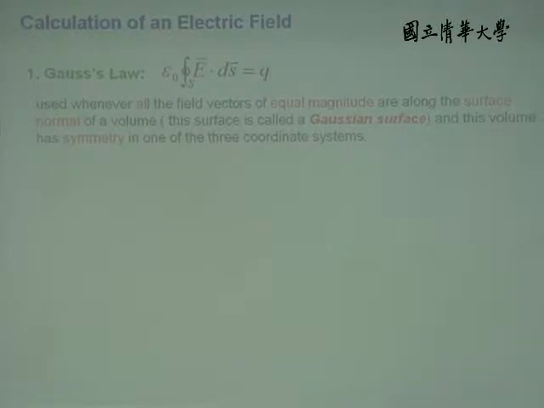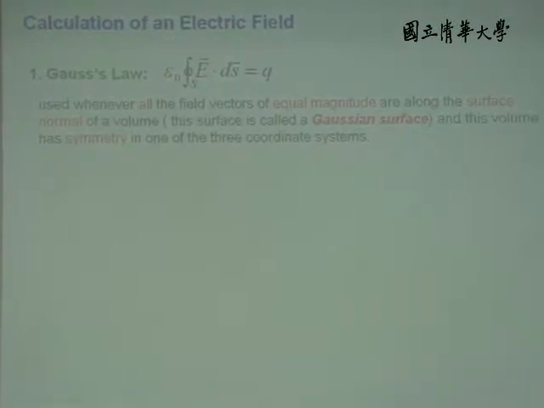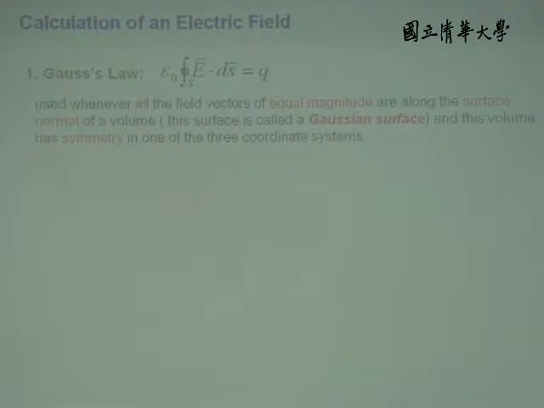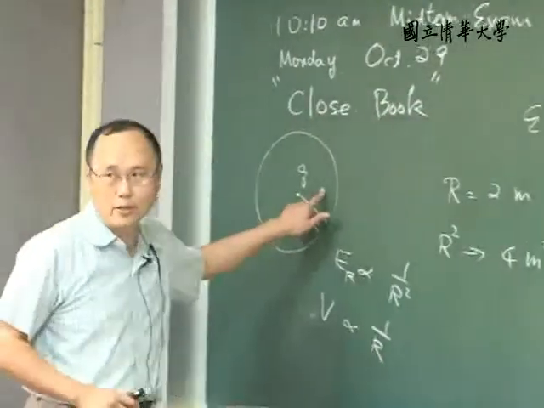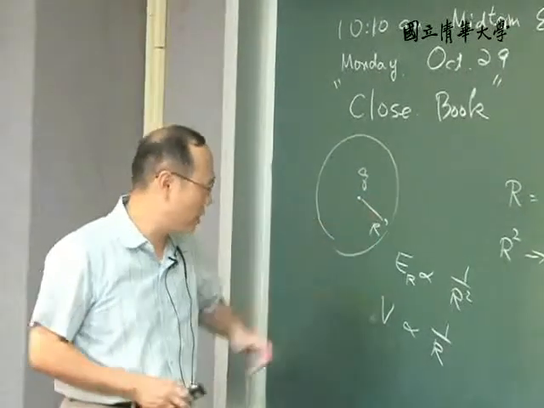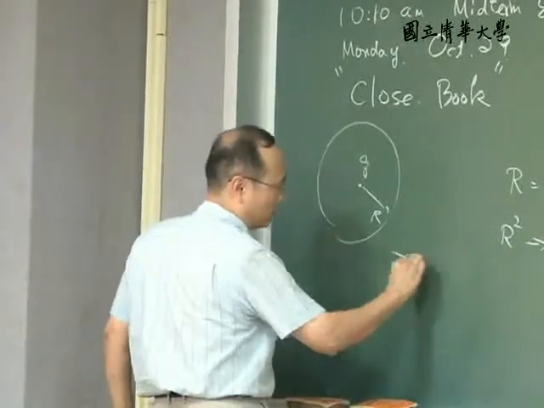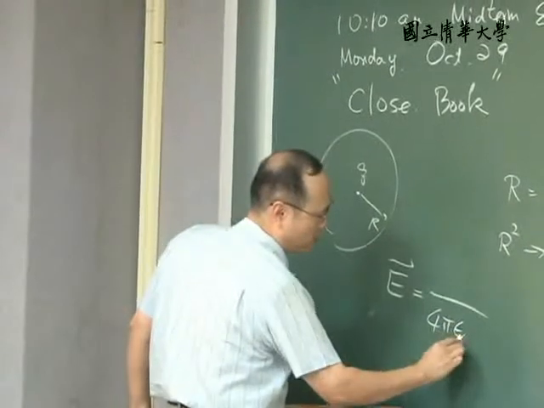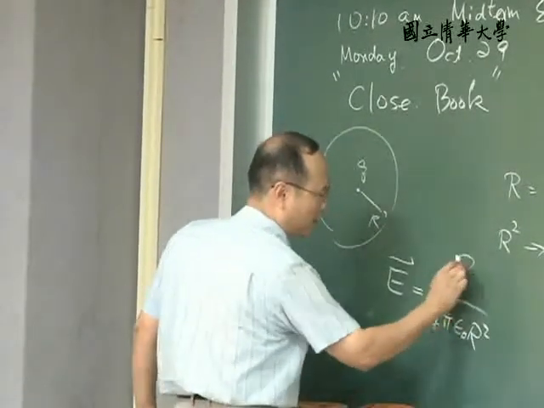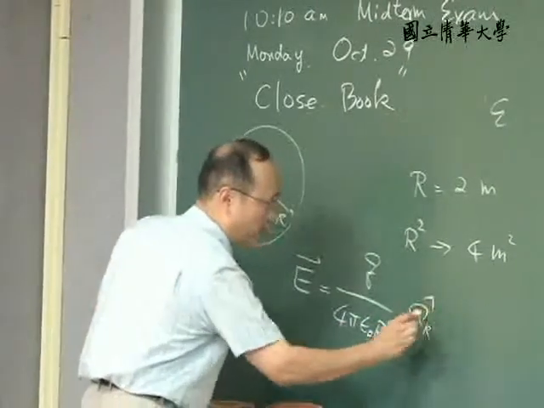After this point, we learned about calculation of electric field and electric potential, and in fact, we can summarize the techniques to calculate the electric field and electric potential. Number one, you can use Gauss' law to calculate electric field. Just like in this example, you can use Gauss' law to calculate electric field and eventually get electric field equal to Q over 4 pi epsilon naught r squared, along the a_r direction.